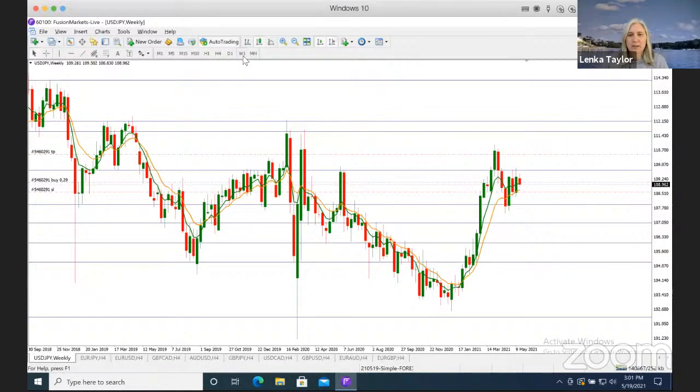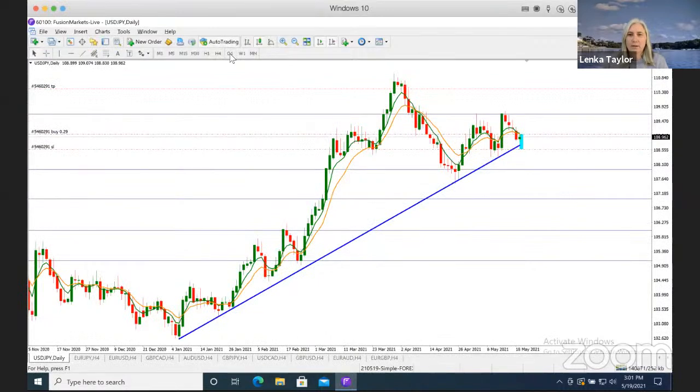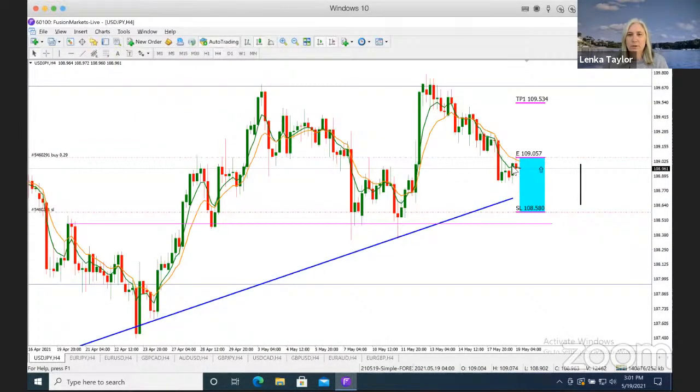So on the weekly, that's to about there. The daily is hugging that trend line. So on the 4-hourly, I entered a long after the bullish engulfing.